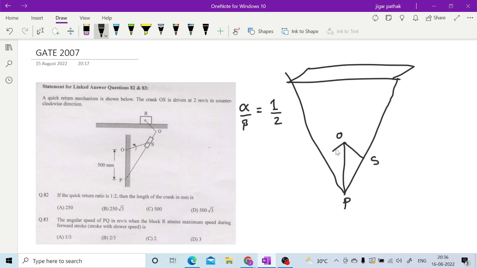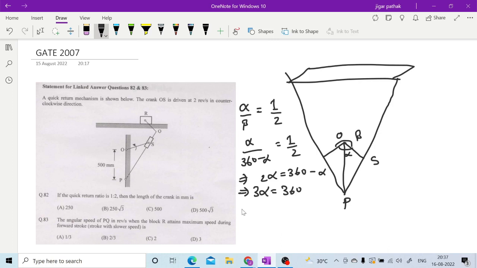As you can see, this full angle is alpha and this angle is beta. So beta is nothing but 360 minus alpha, so alpha by beta equal to 1 by 2. Here we will have 2 alpha equal to 360 minus alpha. So 3 alpha is equal to 360, which means alpha is equal to 120 and beta will be 240.